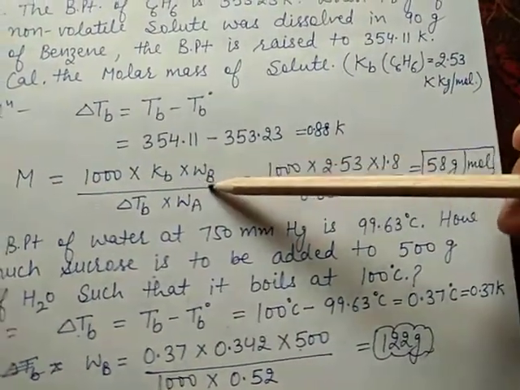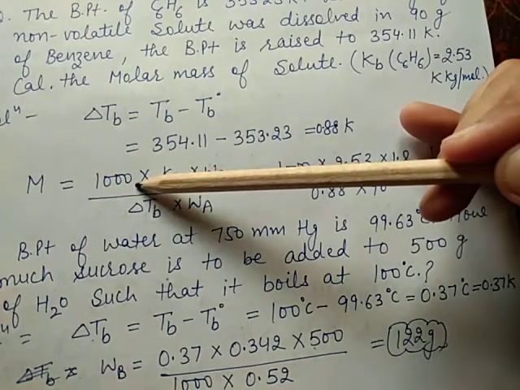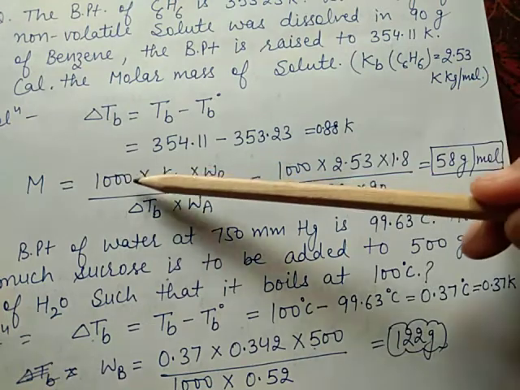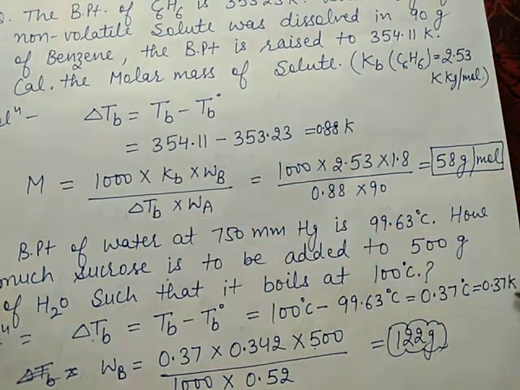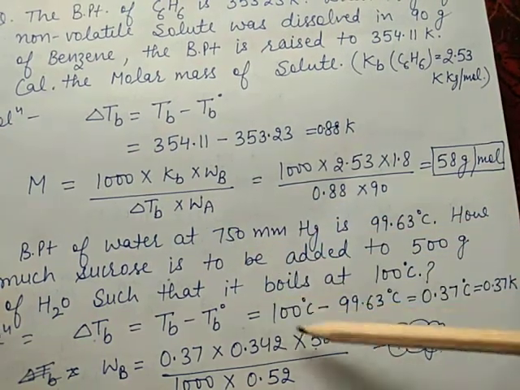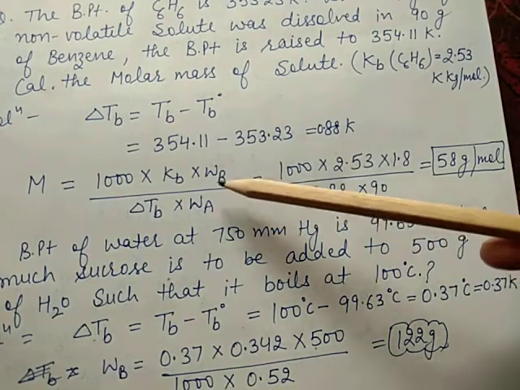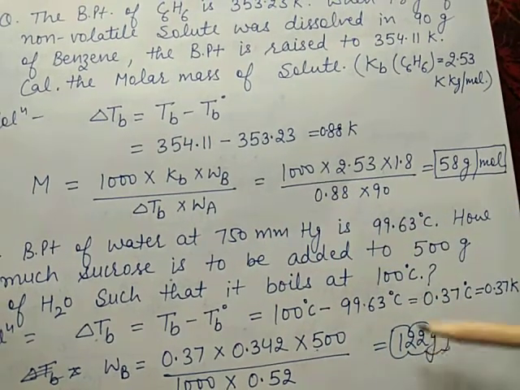Here we calculate Wb, with sucrose molecular mass 342, 1000 multiplied by the Kb value given, delta Tb calculated as 0.37, and Wa given as 500 gram. Wb we can easily calculate, that is 122 gram.